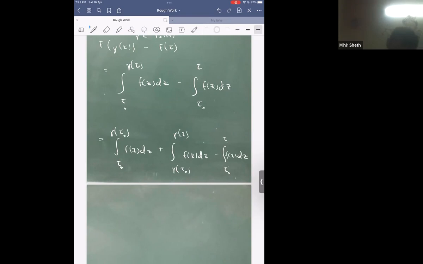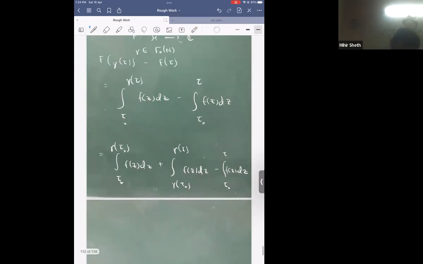Okay. Now the second part here is actually the same as this, because xz dz is invariant under the gamma action. So by change of variable, this is the same as this.